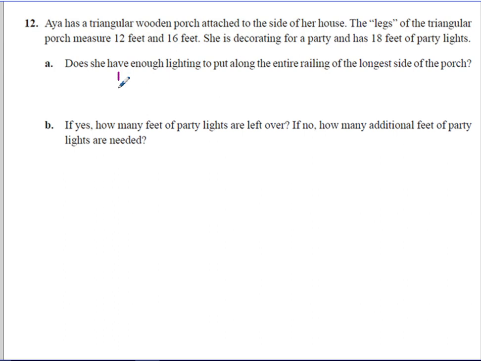So we have 12 and 16 as our legs, and that's our hypotenuse squared, so we'll say it's c squared. 12 times 12 is 144, and 16 times 16 is 256.